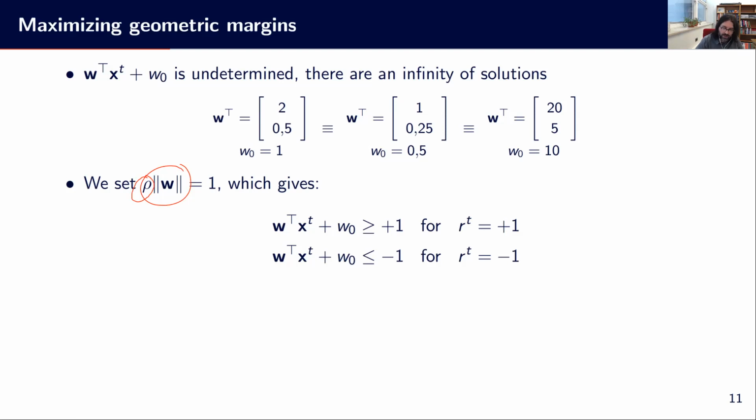That allows us to simplify things: if we take the equation from the last slide, we can convert it to say that W transpose xt plus W0 is greater than or equal to +1 for RT of +1, and conversely, less than or equal to -1 for samples from the other class.